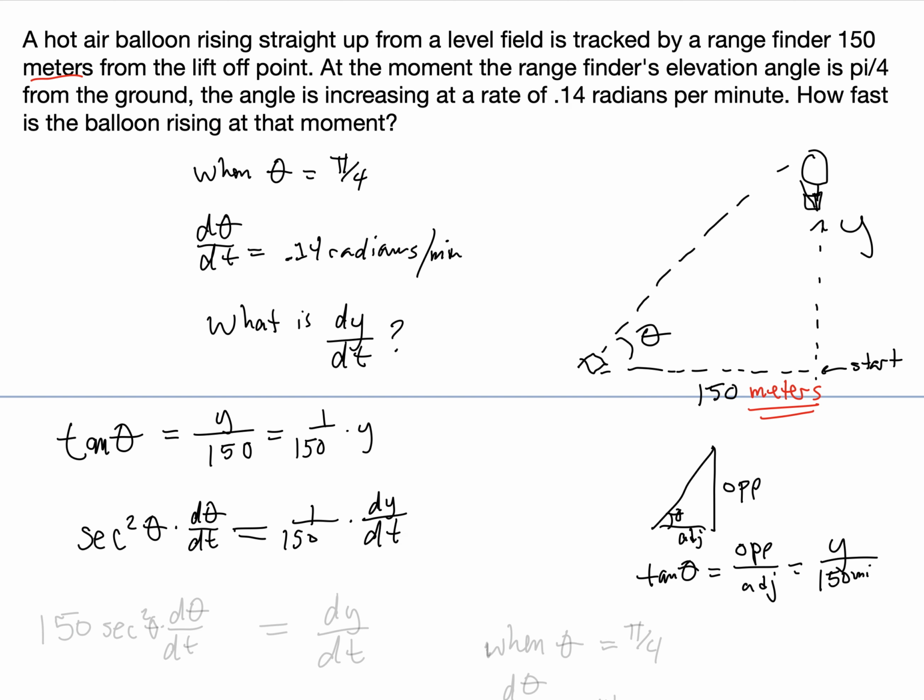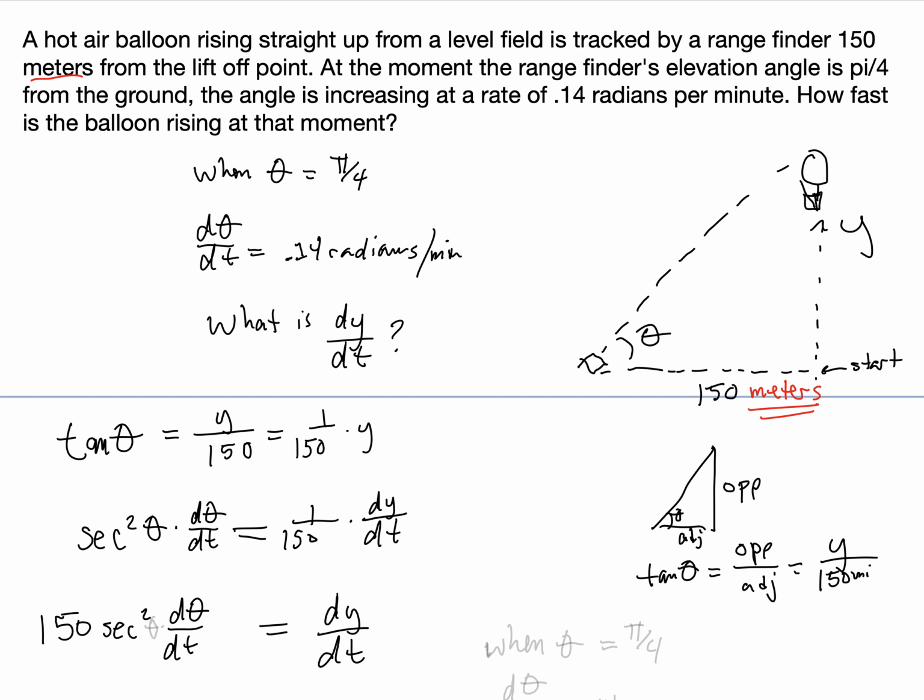Now we want to figure out dy/dt at that moment, so we're solving for dy/dt. We can multiply both sides by 150.